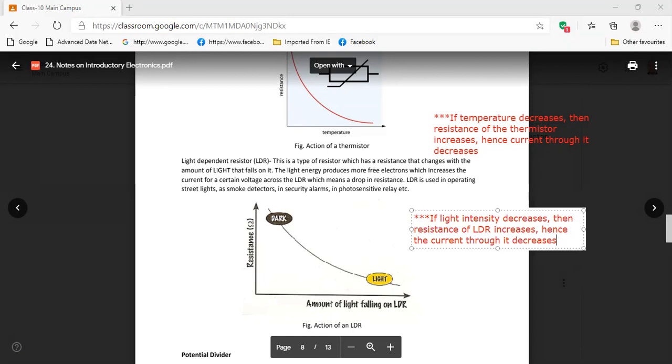Is it clear? Yes, sir. Okay. So we are done with LDR and thermistor both, right? Just remember what I wrote, then you can solve any questions coming from LDR and thermistor. Any questions? Tell me, please.